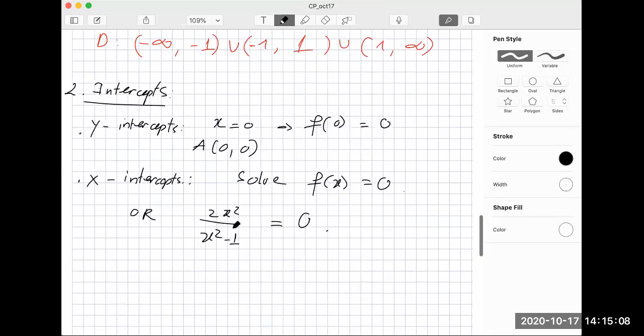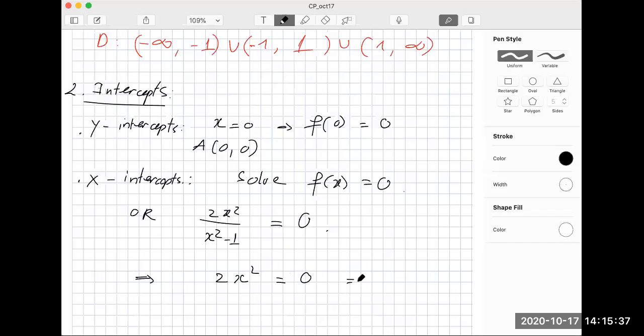Because the denominator on this domain will never be 0. We exclude these values. So in order to solve it, what should we do? Make the numerator equal to 0. Perfect. Therefore, the only choice is to set the numerator to be 0.